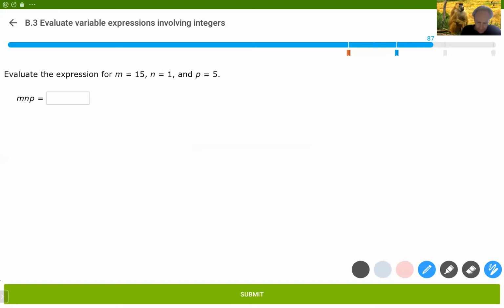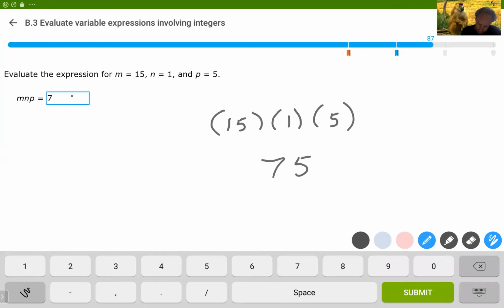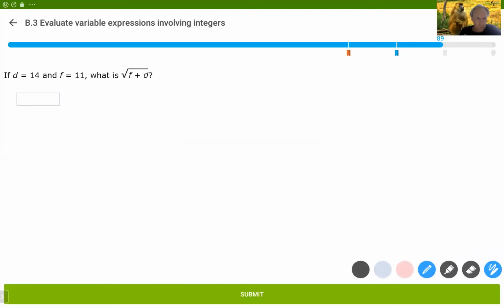Multiply them together. M times N times P, which is 15 times 5, which is 75. Square root of 14 plus 11 is the square root of 25, which is 5.